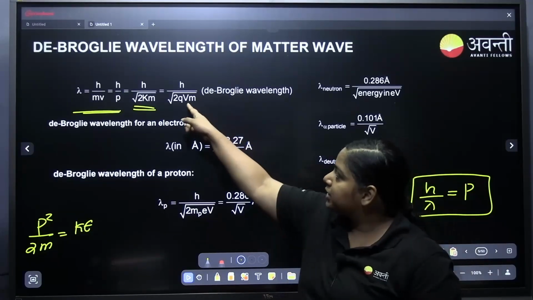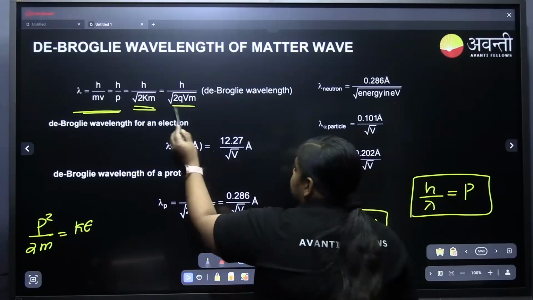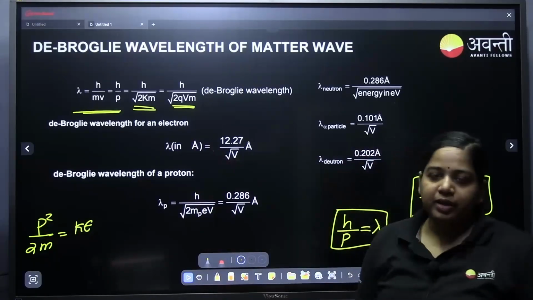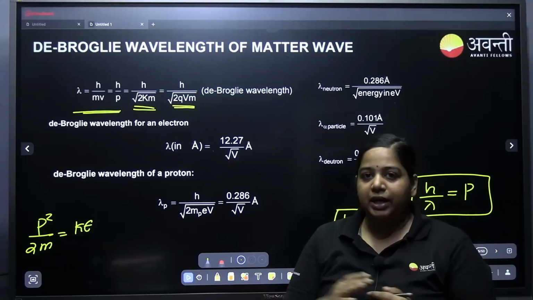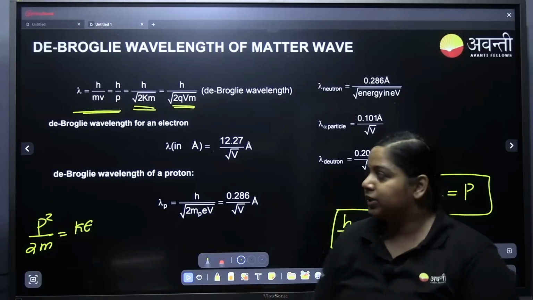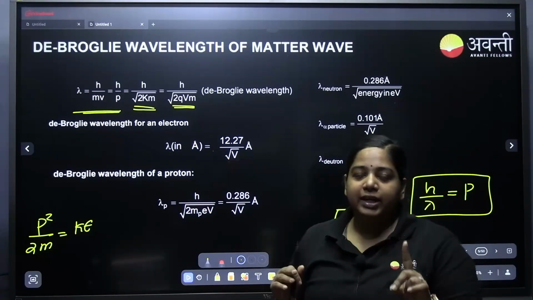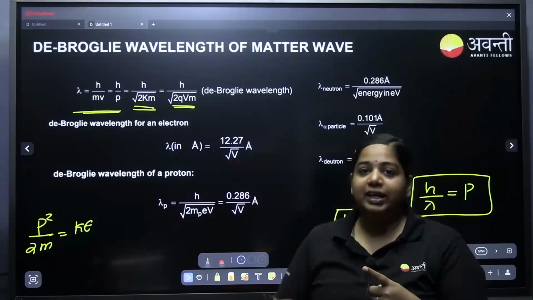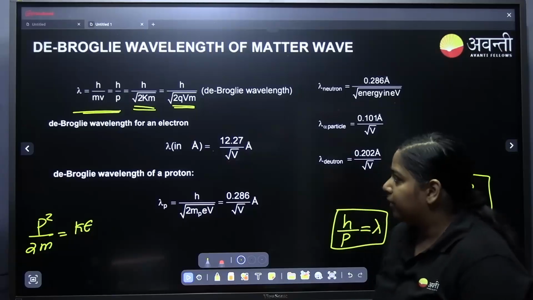In that case, V is the potential and Q is the charge of the particle, and you can use this formula. If kinetic energy is not given and it is said that the particle is accelerating through a potential, then you have to use this formula. So we have only one equation and we are modifying it case by case.